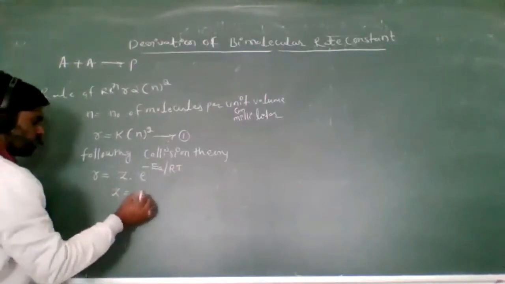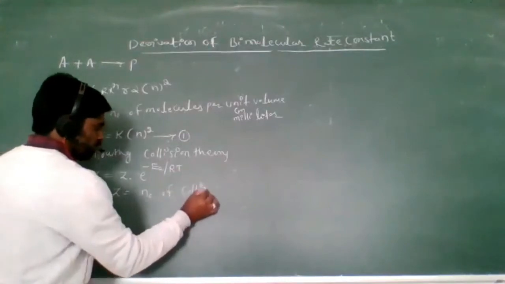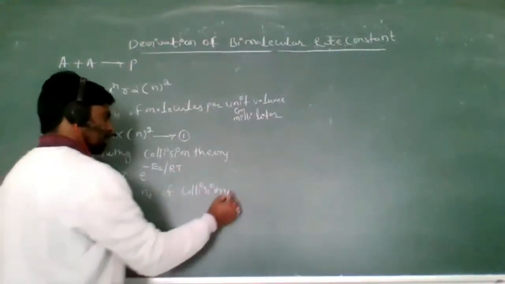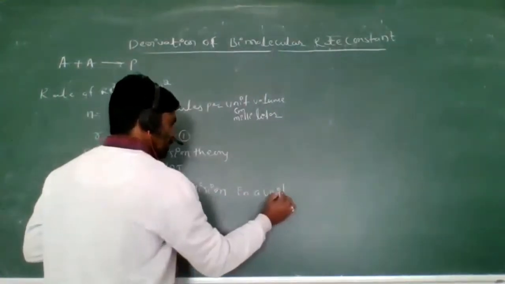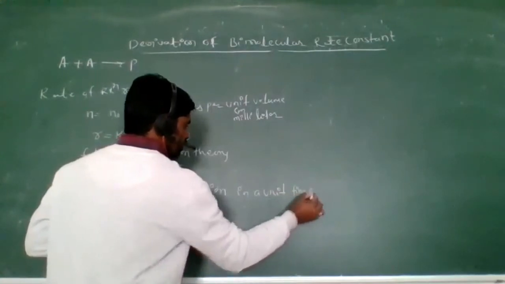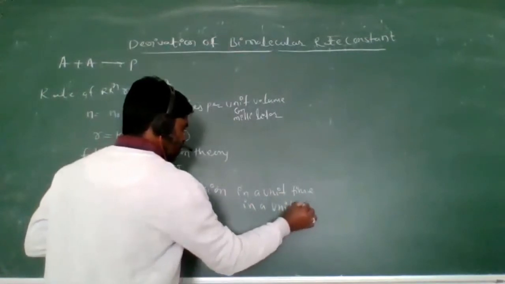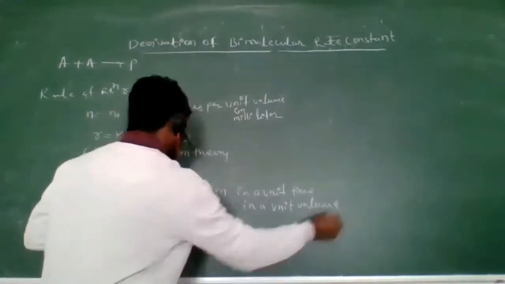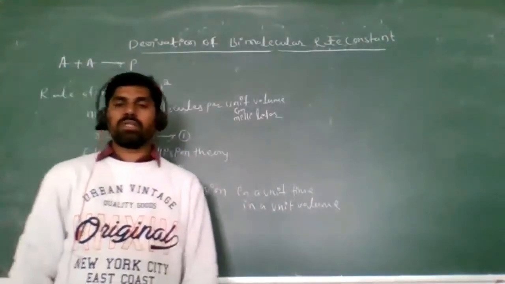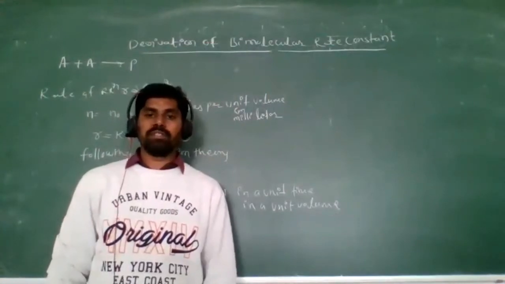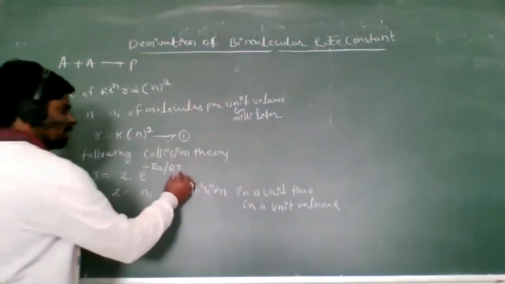Here Z equals the number of collisions in unit time in a unit volume. Following collision theory, the rate of reaction is equal to the number of collisions in unit time in unit volume. So that's why I wrote this equation. This is equation number 2.